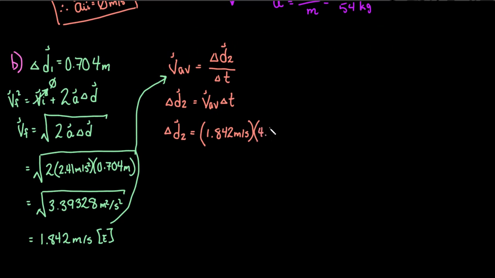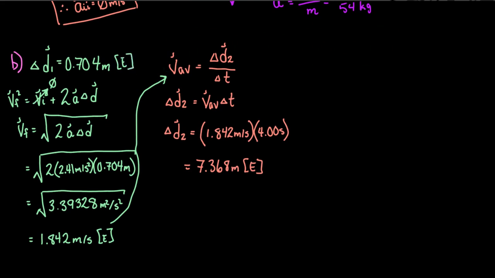And we're multiplying that by 4 seconds. Okay, so his displacement over that portion ends up being 7.368 meters. And because it's positive, we know that's in the east direction. Okay, I'm just going to add that in here for that first displacement because we know that as well.